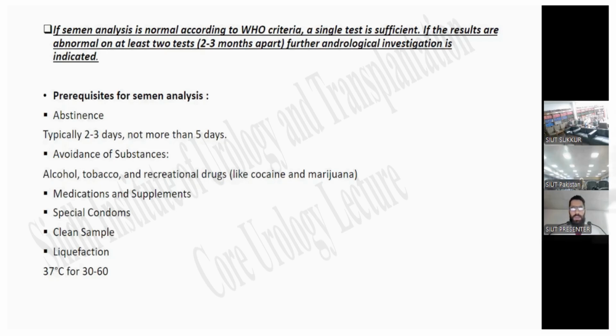In patients who cannot come to the lab to deliver the sample, special condoms can be used to collect semen within the premises of the lab, or semen can be collected after sexual intercourse. The collected sample should be clean, and liquefaction should be done at body temperature for around 30 to 60 minutes.